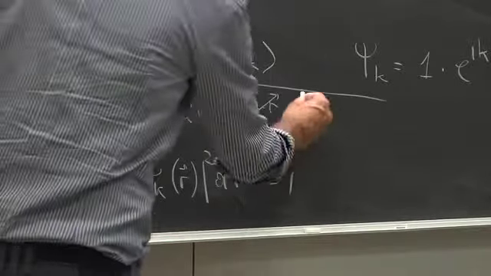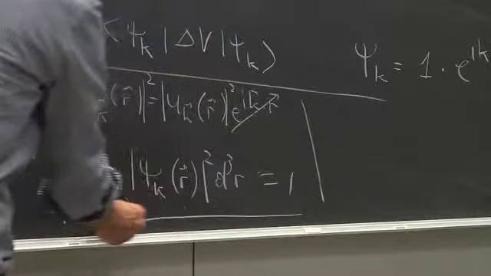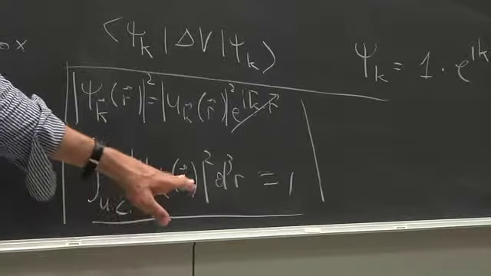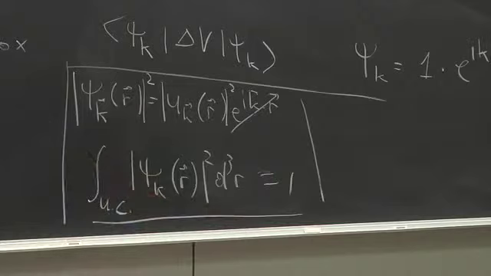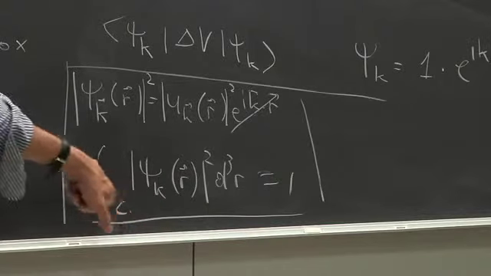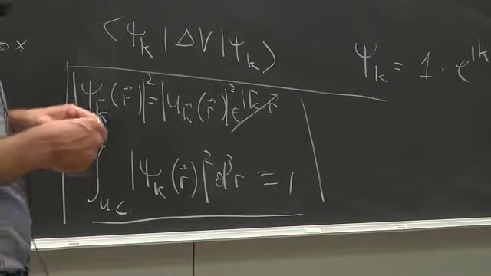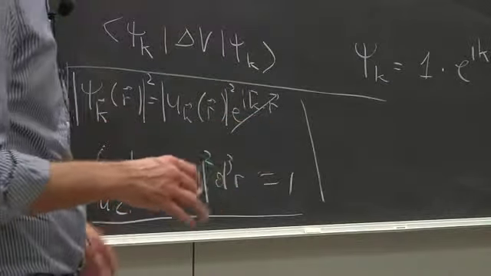This is the assumption I'm going to use, the definition, if you wish, of normalization for Bloch states. I want them to be normalized within the unit cell. UC here, notice, means unit cell. So I don't need to carry out integrals over the whole space or over arbitrarily large but finite regions of space like you do in particle physics. Let me just do it within the unit cell.